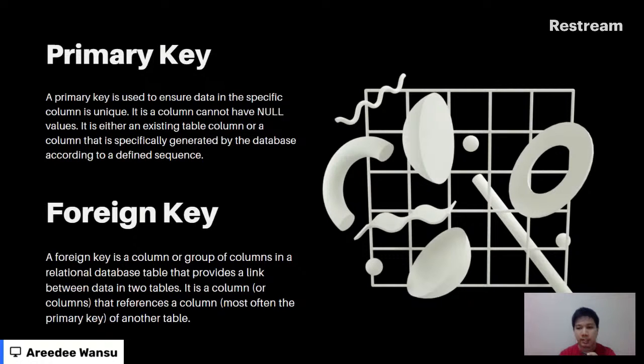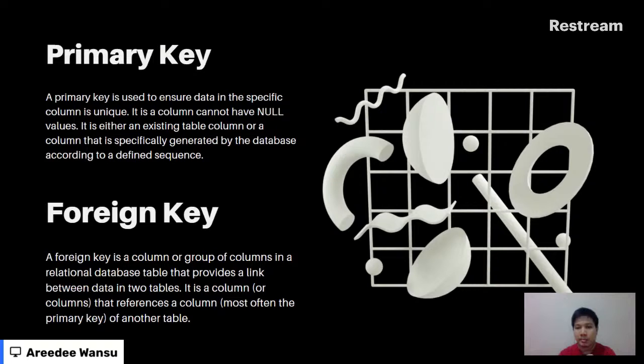Every relationship in the database should be supported by a foreign key. And here are some differences between primary key and foreign key. A primary key constraint is a column that uniquely identifies every row in the table of the relational database management system, while a foreign key is a column that creates a relationship between two tables.